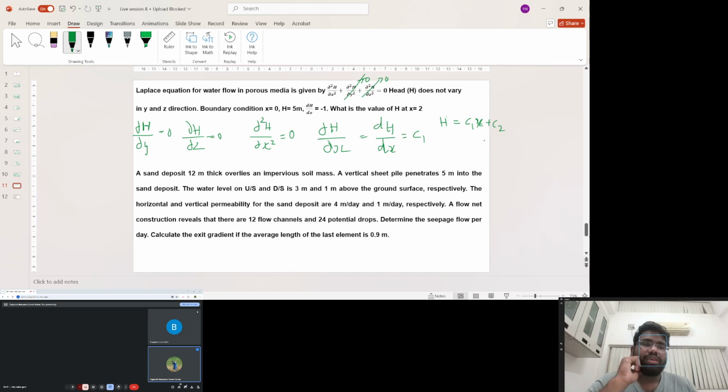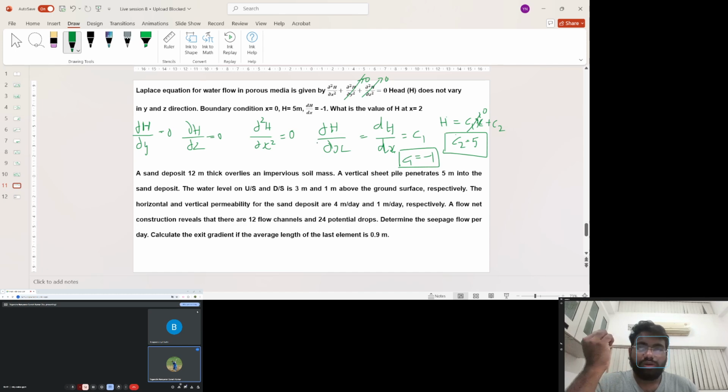Alright. Now the first boundary condition is at x equal to 0, h is 5 meters. So this term will be 0, and C2 will be 5, right? And dh/dx is minus 1, hence that is equal to C1, which is minus 1.